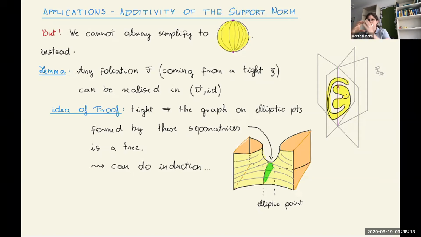So you originally have the normal sphere embedded as it is here, and then you do finger moves as dictated by the graph of the foliation, and you get your embedding.